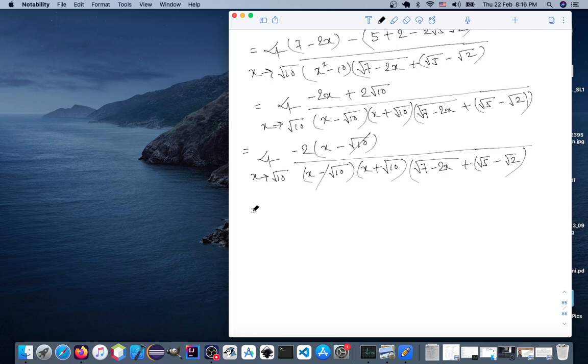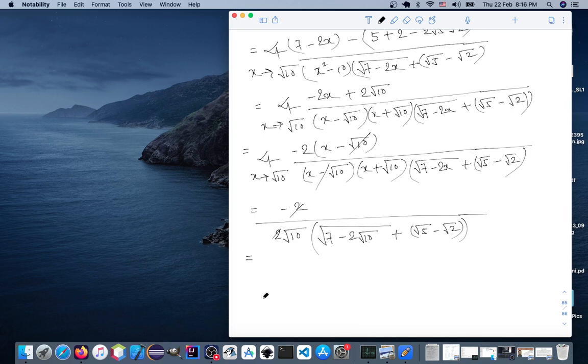This becomes minus 2 divided by root 10 plus root 10, 2 root 10, and over here we have 7 minus 2 root 10 plus 5, this thing. Okay, 2 gets cancelled.